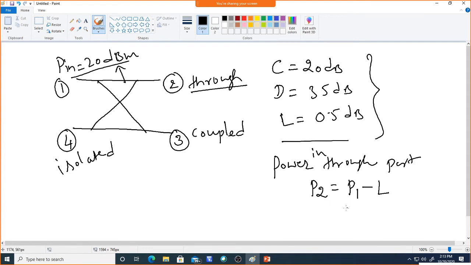The input power is 20 dBm and the loss is 0.5 dB, so the remaining power is 19.5 dBm, which is coming to the through port, that is P2. Okay, and similarly if you want to calculate the coupled port at P3, what is the coupled power? So this is nothing but the coupled power.